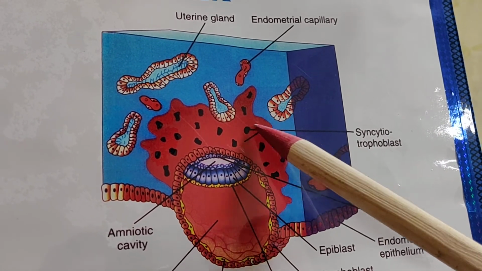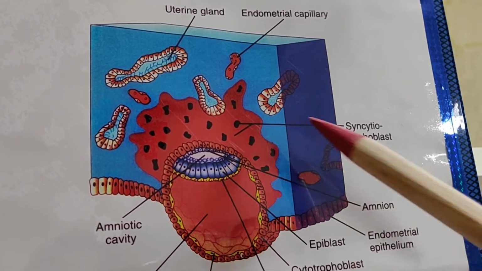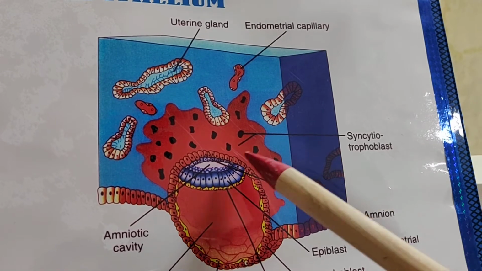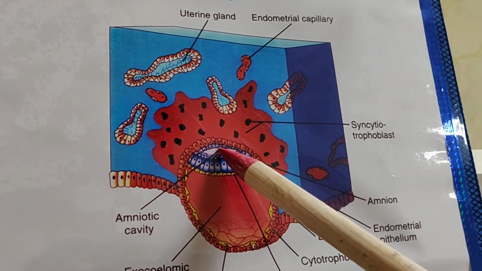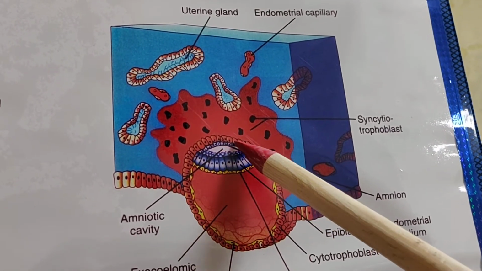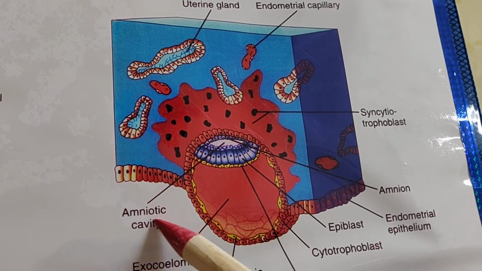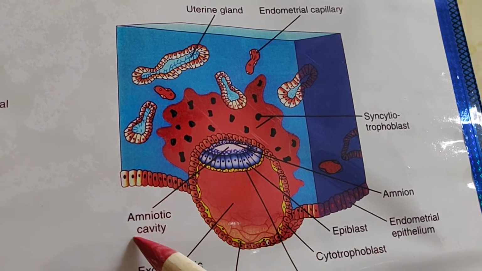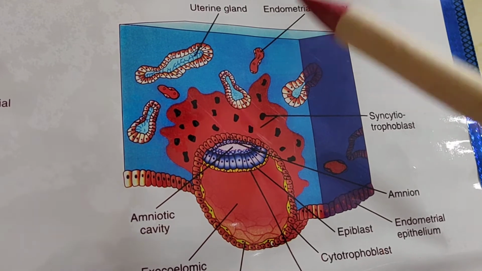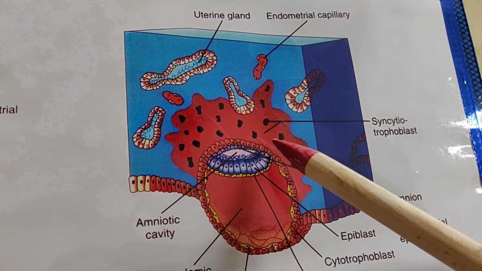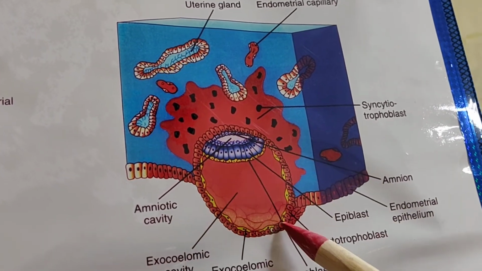Here the differentiation is clear. The trophoblast has two layers. Now see the cavity. One small cavity starts forming, the amniotic cavity. We will discuss this topic again in the next classes. Yes, it is a brief introduction.